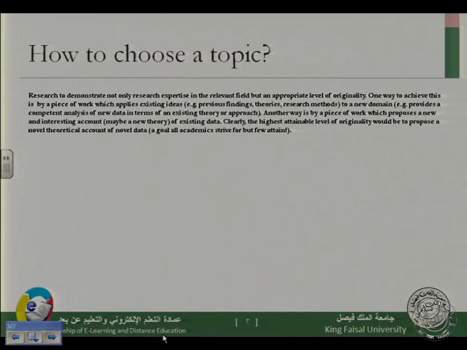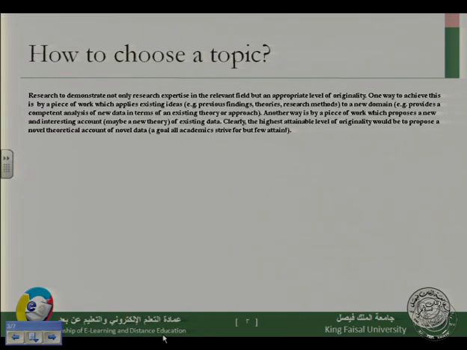Research is to demonstrate not only research expertise in the relevant field, but an appropriate level of originality. One way to achieve this is by a piece of work which applies existing ideas, previous findings, theories, research methods to a new domain, or provides a competent analysis of new data in terms of an existing theory or approach.